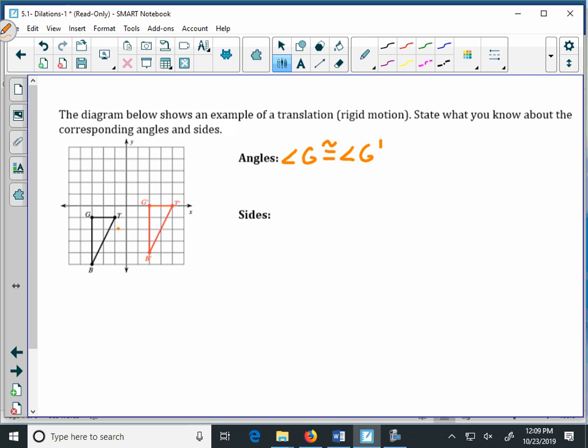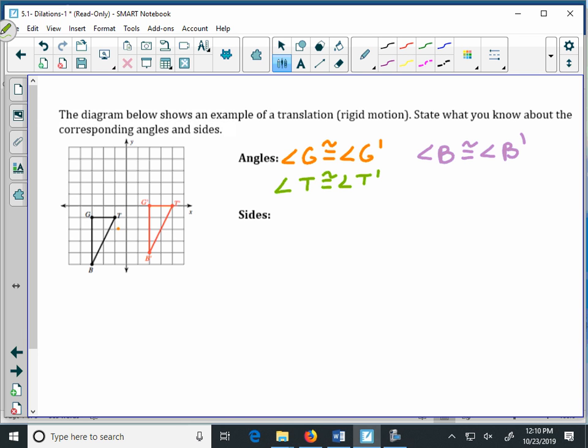Angle B's corresponding angle is B prime, same measure. Angle T and angle T prime are the same measure. Wherever they are, they're the same.